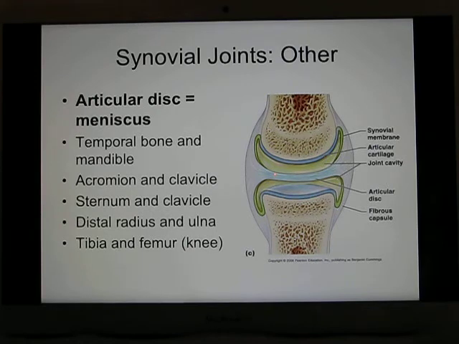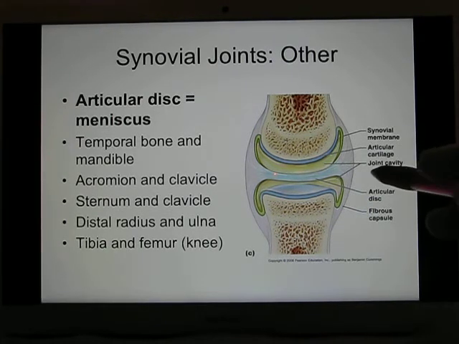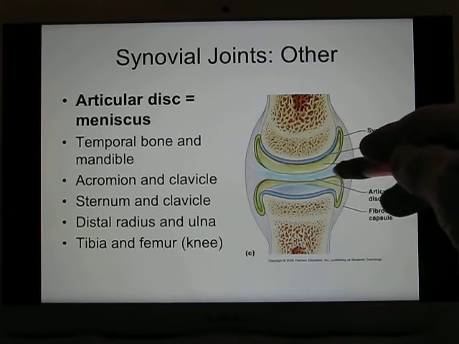And sometimes they put other stuff. This is the fancy tools. I call it like the bells and whistles in the cars. So not every synovial joint has this, including the articular disc, also called meniscus. Like in the joint, they're designed to be abused. For example, the knee, and they put a pad. This is called the pad, called meniscus.